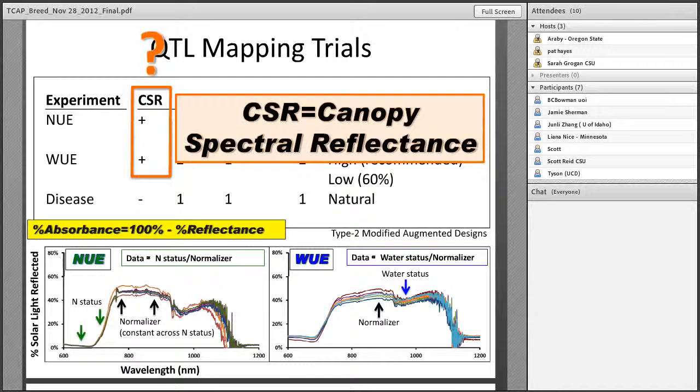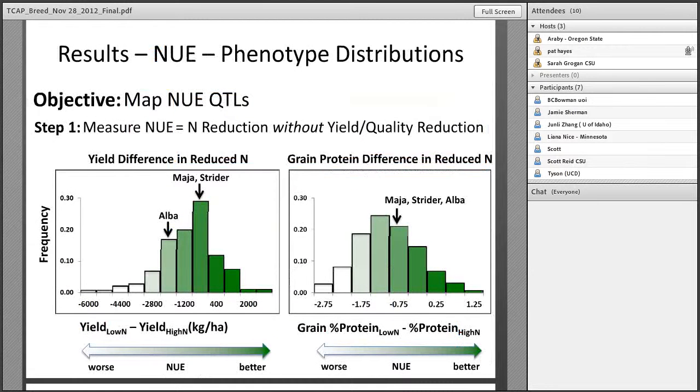Again, this is an oversimplification; I just gave this for a departmental seminar. The data are essentially indices, ratios of the reflection at the nitrogen status indicator wavelengths compared to normalizer wavelengths. And similarly for water use efficiency, there is the spectrum range at which water absorbs light, and comparing the reflectance at those wavelengths versus the normalizer wavelengths.